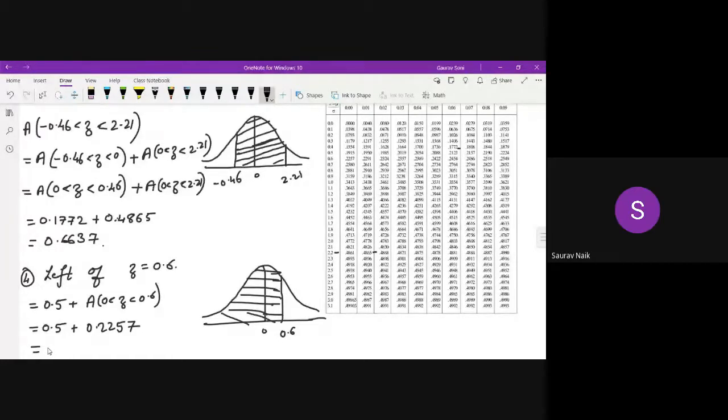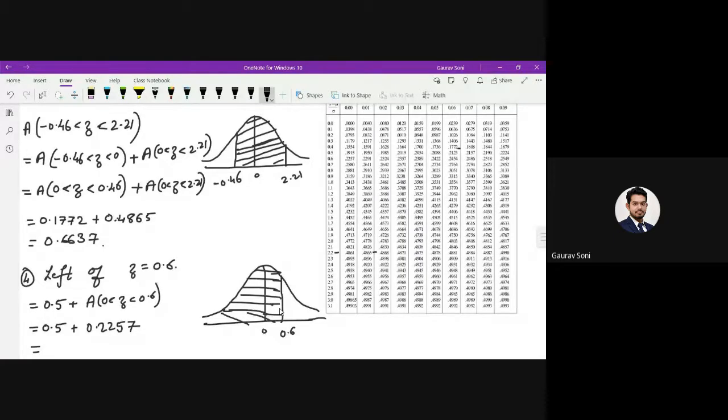Sir, can you tell at the start why did we take 0.5? Because we need to take half, right? Yes. I told you that the curve is symmetric about origin. The total area under the curve is 1.